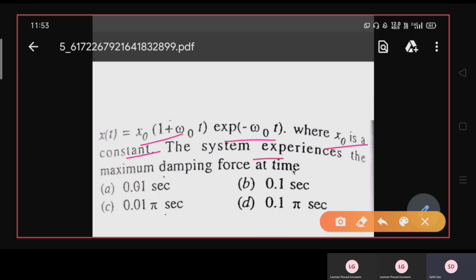The system experiences the maximum damping force at time 0.01 second, 0.1 second, 0.01 pi second, or 0.1 pi second.